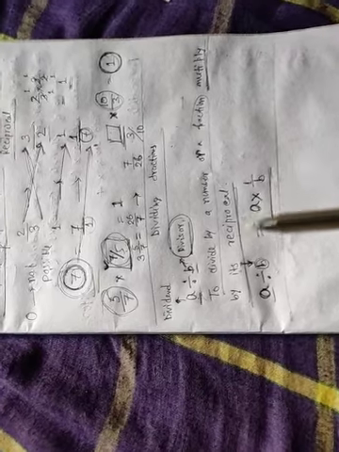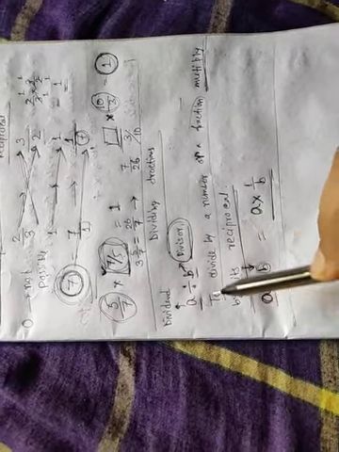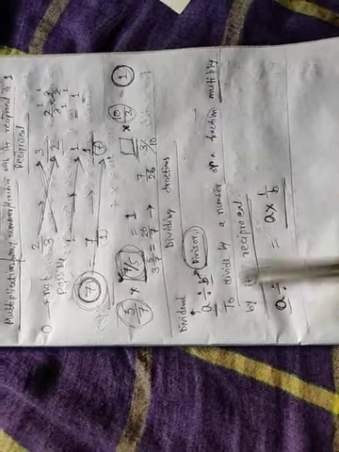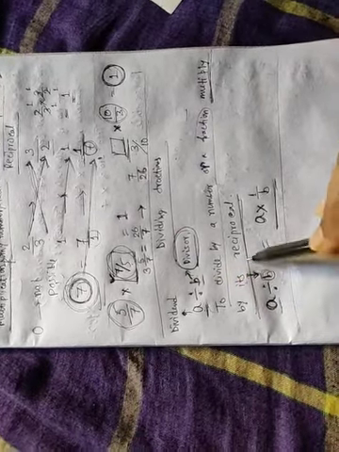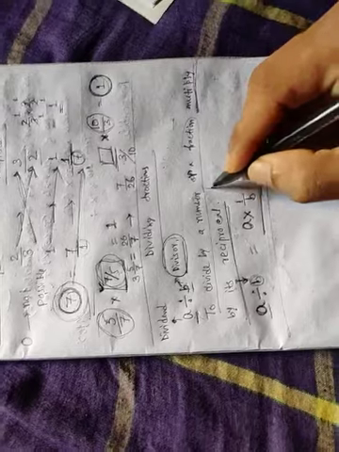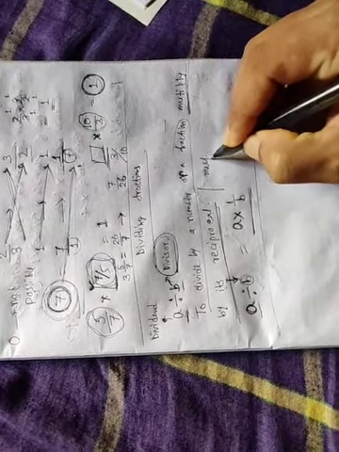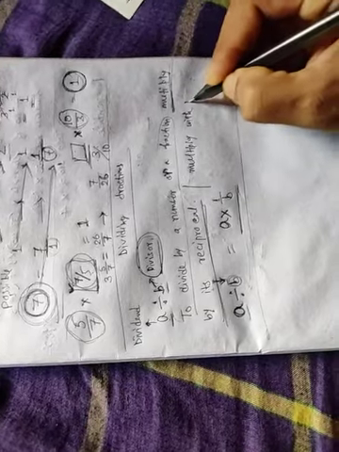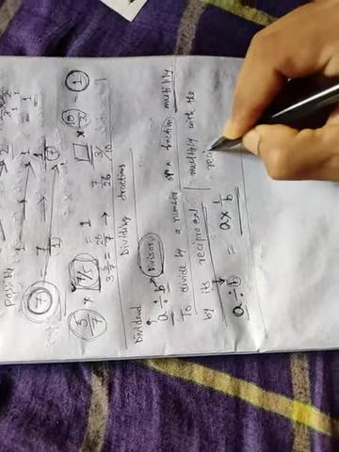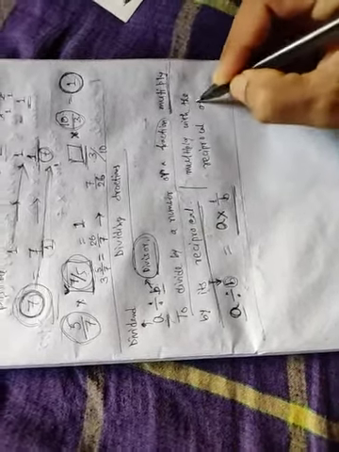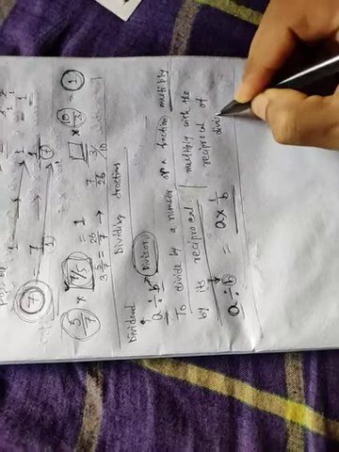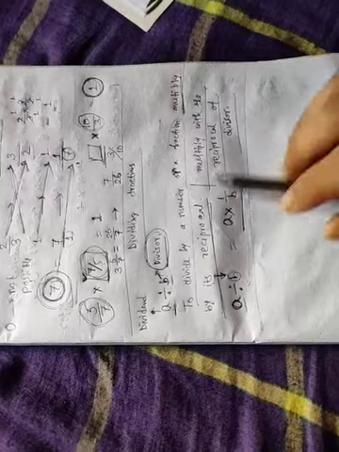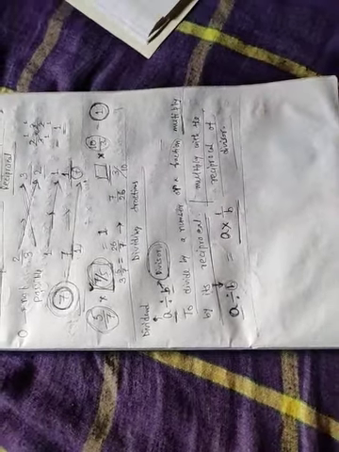If you want to find the division, then you have to do the multiplication with the reciprocal of the divisor. Okay, this is a simple line. Multiply with the reciprocal of the divisor.